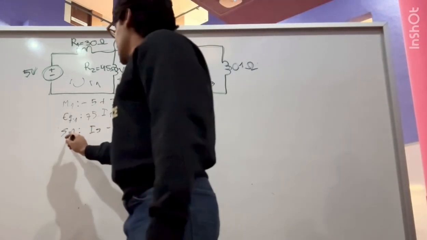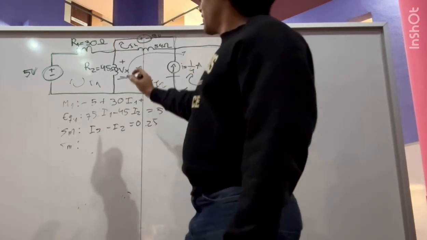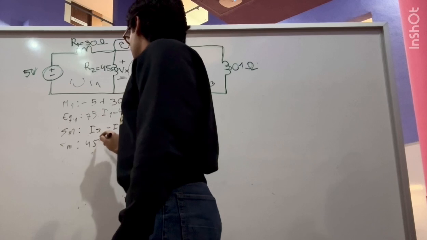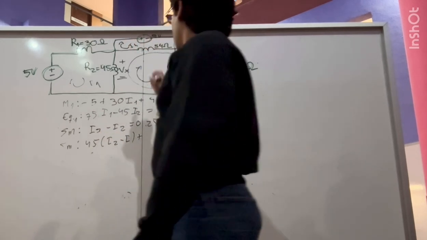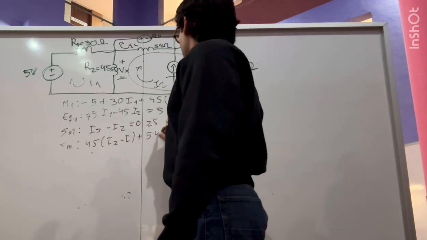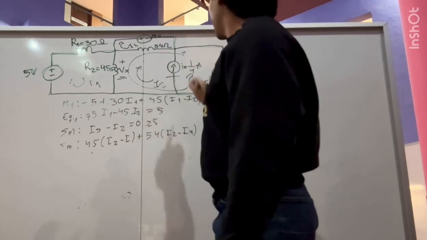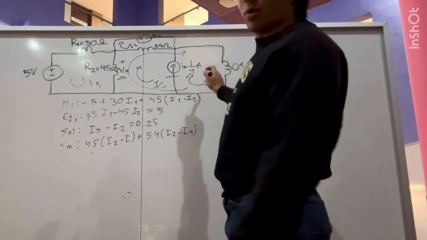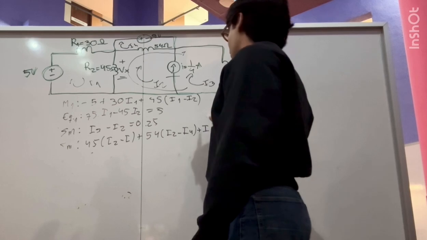Now we have the second equation of the super mesh, which is going to be the voltages involved in the super mesh. We have the first voltage, which is 45 times I2 minus I1. Then we have 54 times I2 minus I4. Then all the way over here, we have I3, which is multiplied by 1 ohm, so it's just going to be I3.